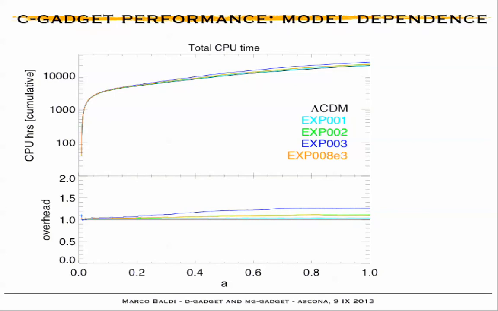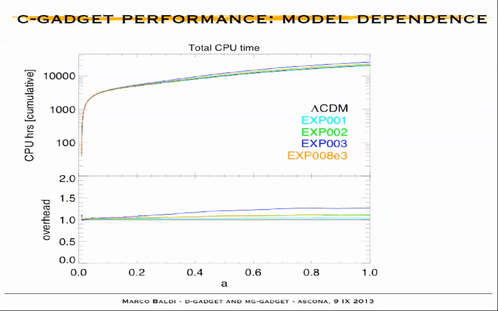So what you see here is the model dependence of C-GADGET, which means all the simulations have been run with C-GADGET. And this is the computational time, in particular the overhead with respect to the fiducial case, which is ΛCDM, as a function of model. So you see, when you change the model, you get an overhead with respect to the standard ΛCDM which is relatively mild. It's 25%, but still it's sizable.